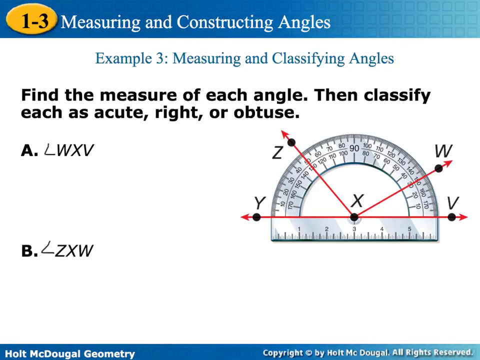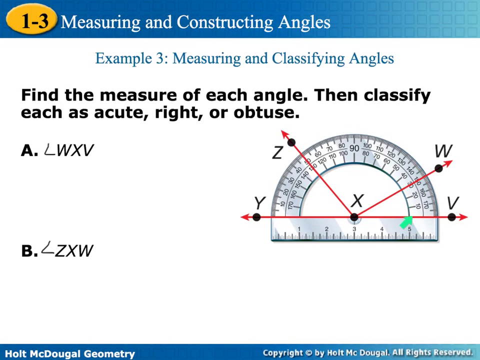Okay, so for example 3, we are going to find the measure of each angle and then classify each angle as acute, right, or obtuse. So first I'm going to look at WXV. So here's angle WXV. So I'm going to look at this protractor. I'm starting here at 0, and I'm going to use the inside little half circle.